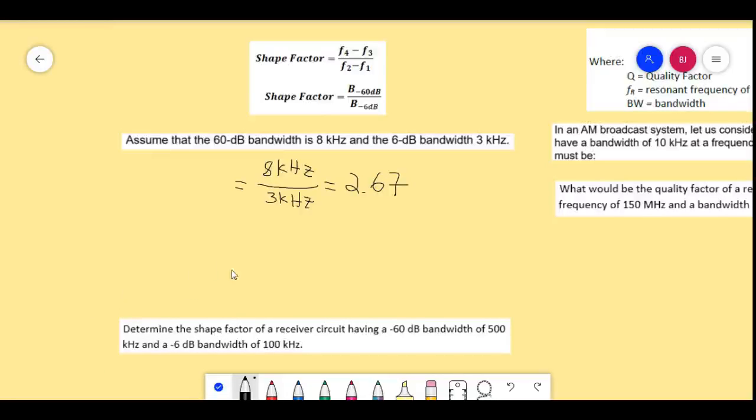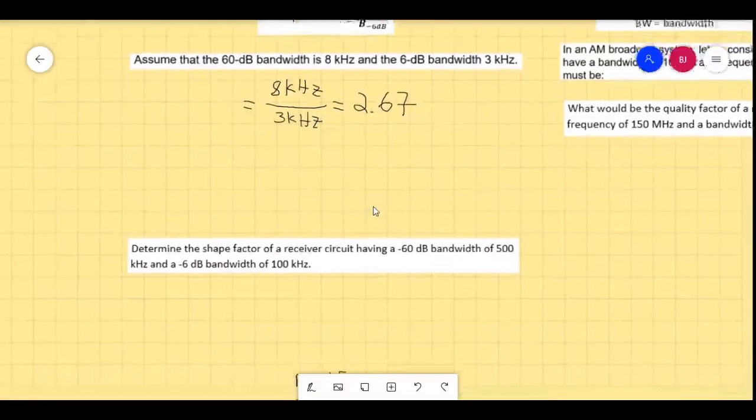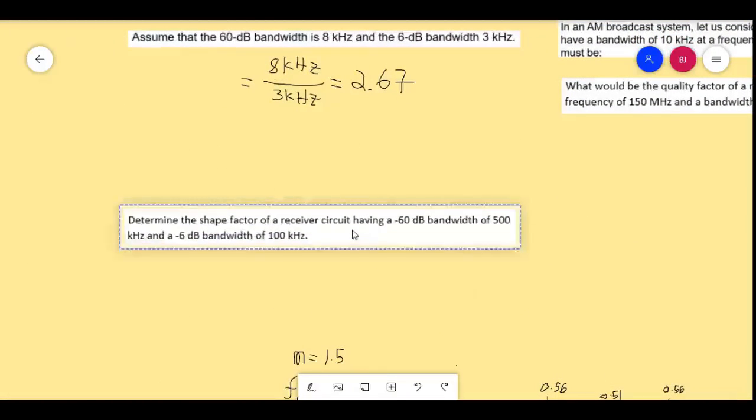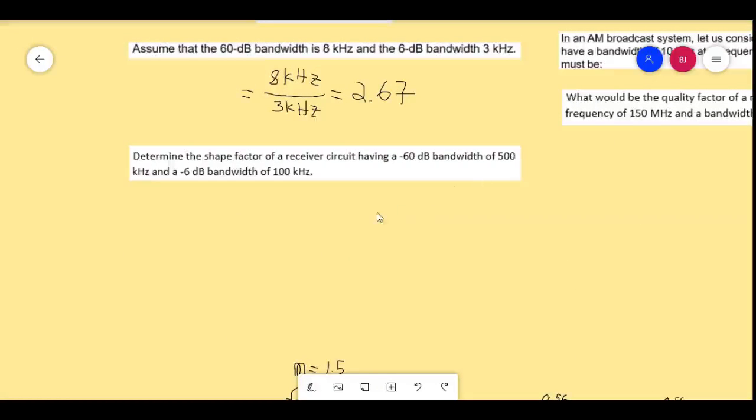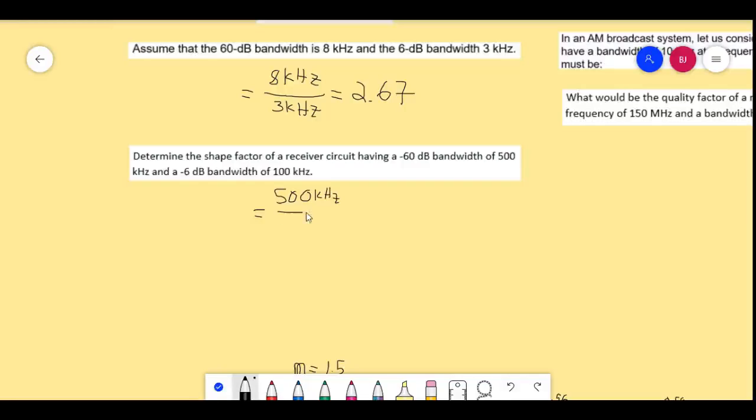Let's try getting the shape factor for the second example, and let's compare it with the first example. So we have here the negative 60 dB bandwidth of 500 kilohertz and a negative 6 dB bandwidth of 100 kilohertz. So you could just directly divide 500 kilohertz over 100 kilohertz.